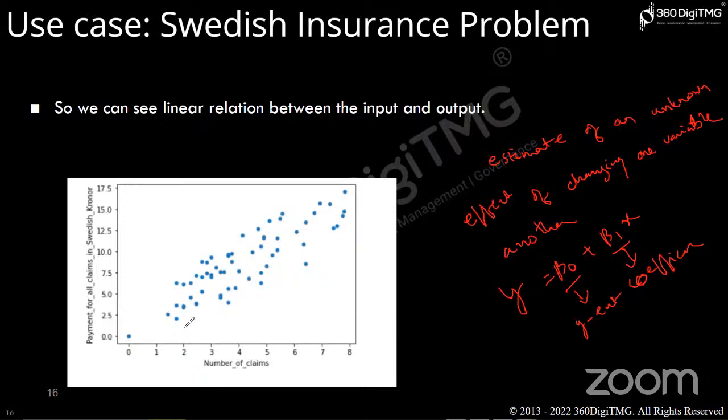And here we try to find this linear relationship. So our data, if it is like this, we can say this is a linear equation problem. But if our data is something like this, non-linear data, we cannot summarize that data using linear regression.